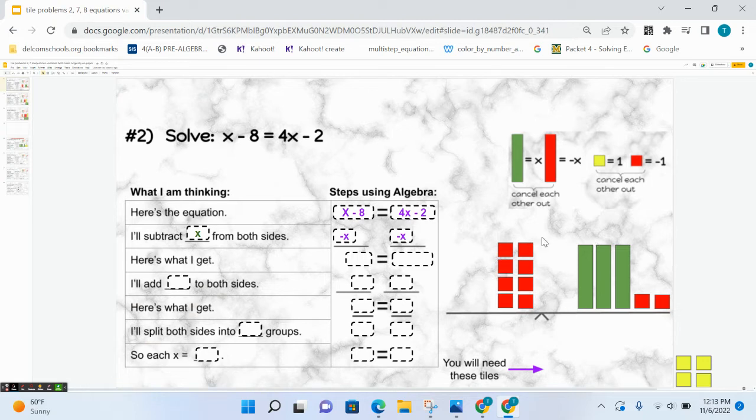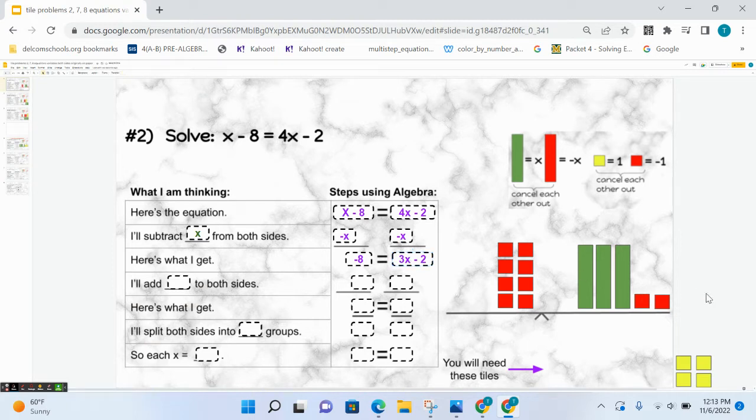Next thing you see is here's what I get. So you just write in what you have looking at your tiles. What do I get? I have 8 negatives on the left, which is negative 8. And I have 3 x's and 2 reds on the right, so that's 3x minus 2 on the right.